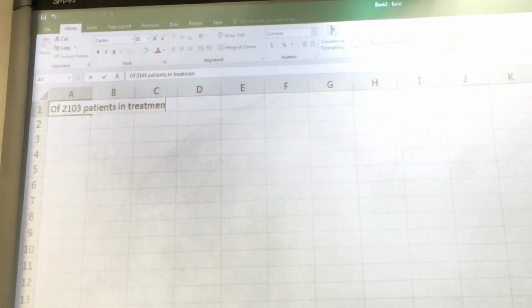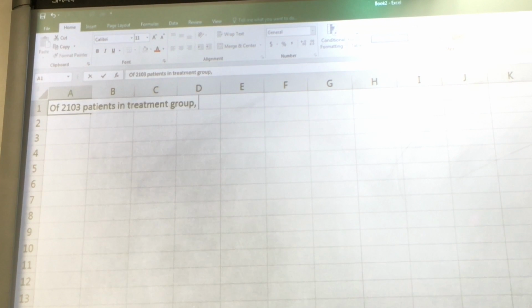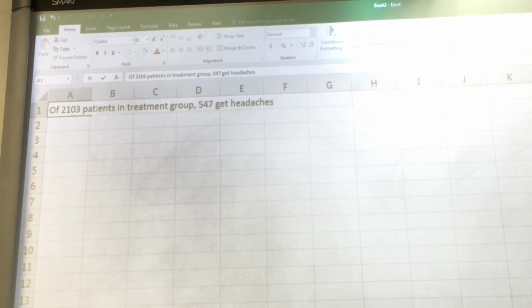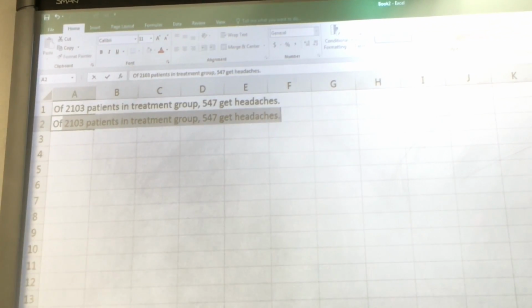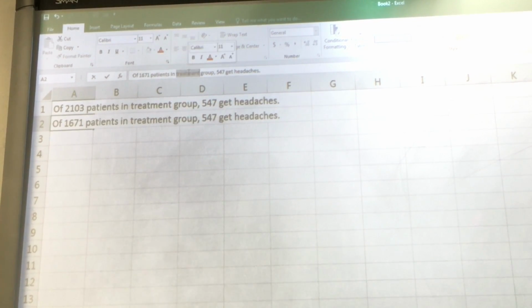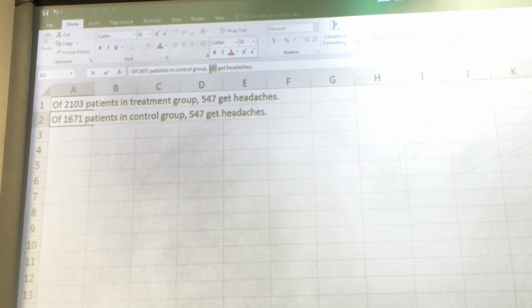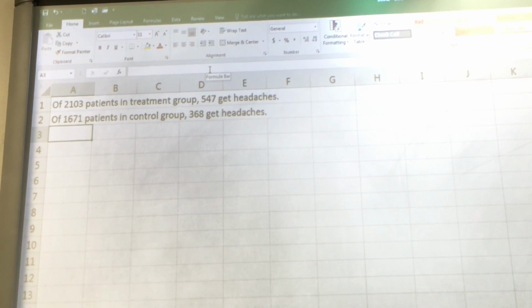2103 patients in the treatment group. 547 get headaches. 1671 patients in the control group. 368 get headaches.